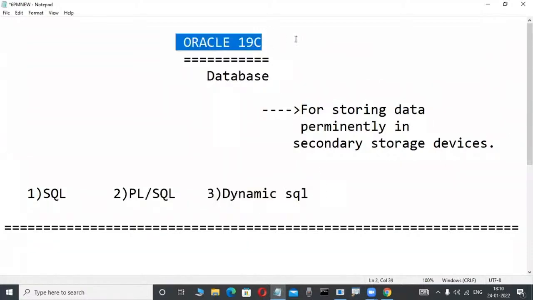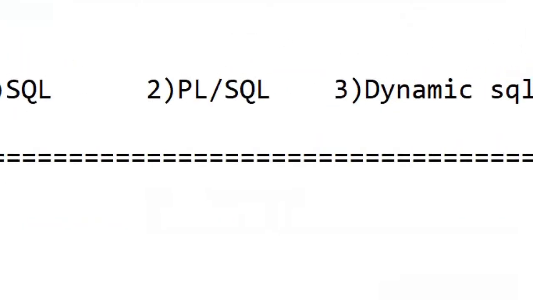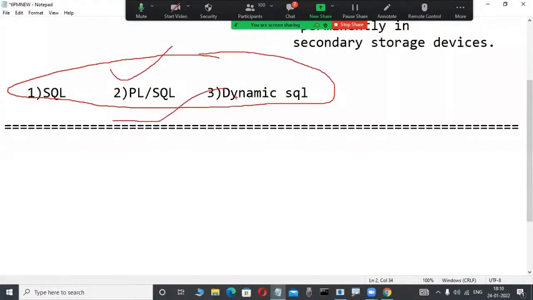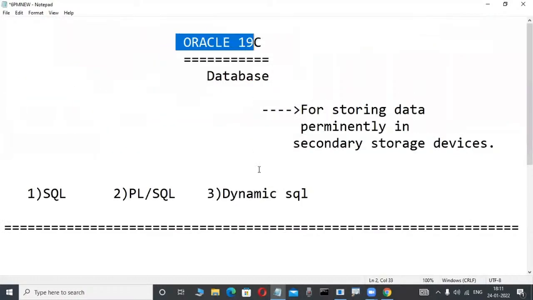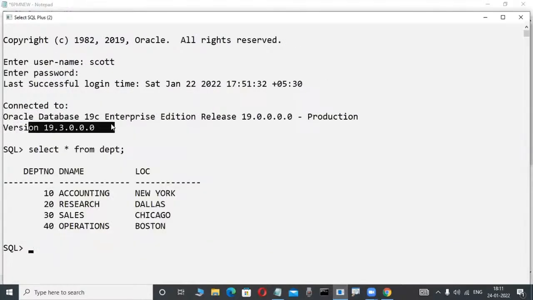Anybody learning an Oracle course anywhere in the world, in that course they are told about these three languages. What is SQL? What is PLSQL? What is dynamic SQL? Big concepts. Through these languages we are operating these types of products, otherwise Oracle product, okay, fine, in your company.